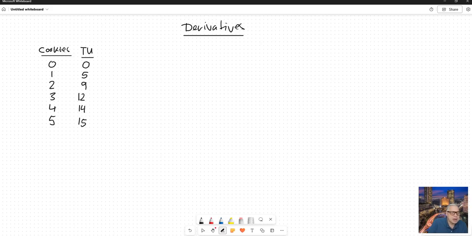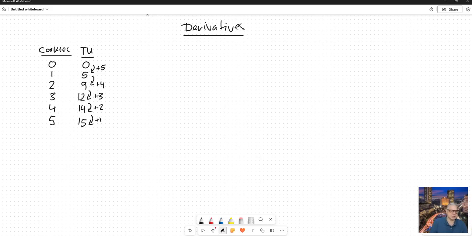Okay, so now if you always look at the difference in total utility from one cookie to the other, the first cookie gives you a total extra utility of plus 5. Then the second cookie adds another 4. The third adds another 3. The fourth adds another 2. And the fifth adds only another 1.